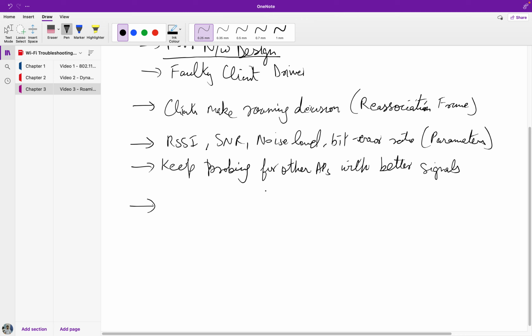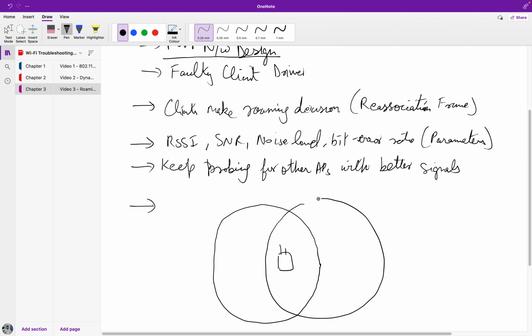And I'll show you how it looks. Let's say we have an access point right here in the middle, and another access point here, and a client.